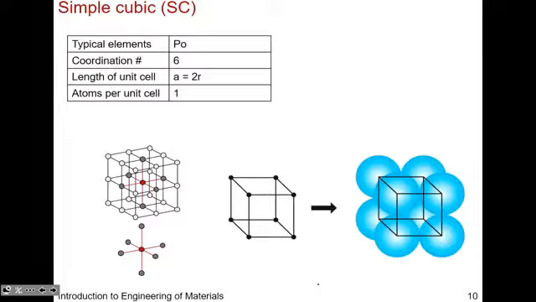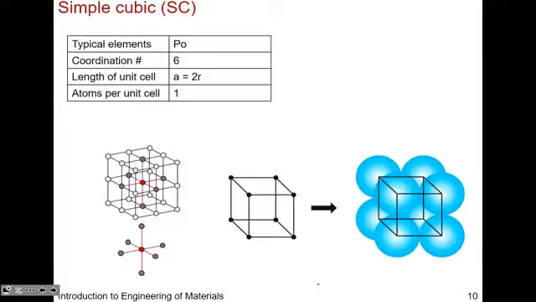If you look at the coordination number, so you could see it here in this diagram, but you could also open the crystallographic information file or a CIF that's been formatted in Vesta, and you can just turn it around and see that the coordination number is 6. That's how many nearest neighbors it has. And then if you look at the length of the unit cell, it's just 2 times the radius of that atom.